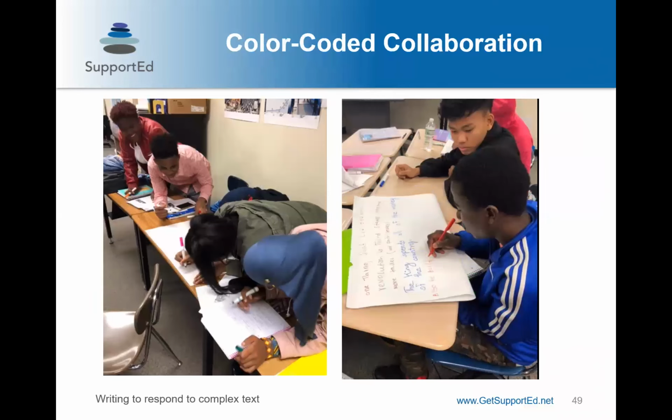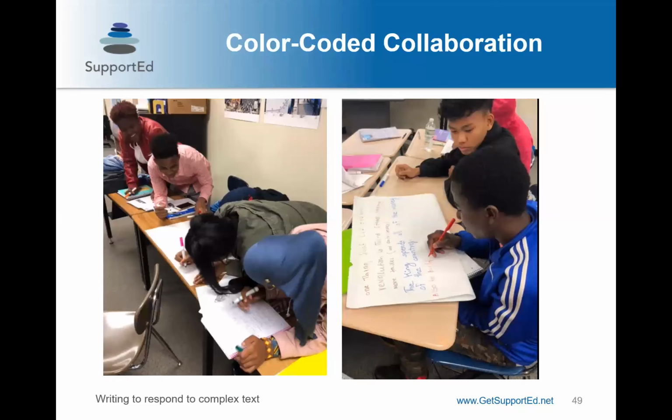Okay, and the last strategy that I'm going to share today comes from our high school setting. This class that you're looking at are students in a sheltered global classroom. Students have just finished reading a complex text about ancient civilizations, and now they're writing to respond to that text.